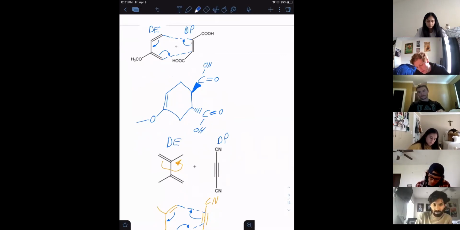For this one, you'll notice that it's in trans, so one's here and one's there. When this plane comes in and hits it and makes this flat plane right here, there's still going to be one going up and one going down. Or actually, they'll just be on the plane. One will be coming towards me and one will be going away from me, but they'll all still be on the same plane.